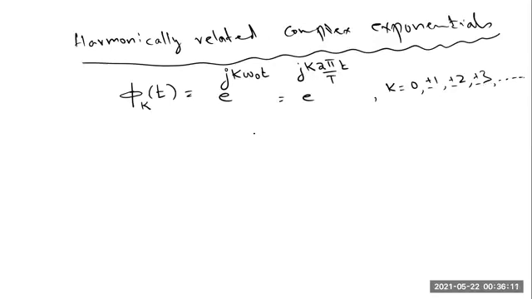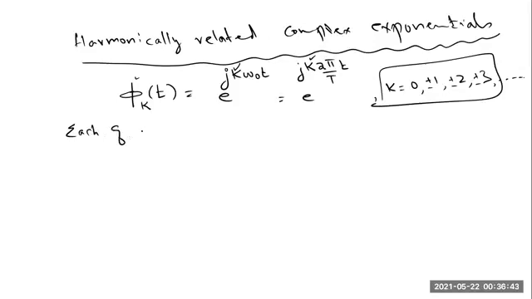So what is the relationship? If you put different values in this expression, for every different value of k you will get a different signal. So phi 0, phi 1, phi 2, phi 3, all of them are complex exponential signals. All of them are periodic. And what is the relationship? The fundamental frequency of each of these signals will be a multiple of omega naught. So let me write this statement.